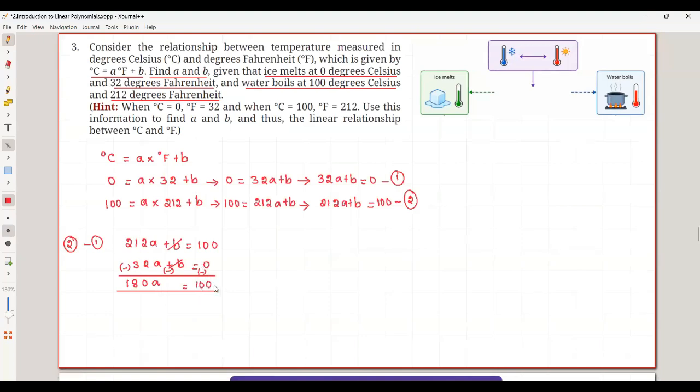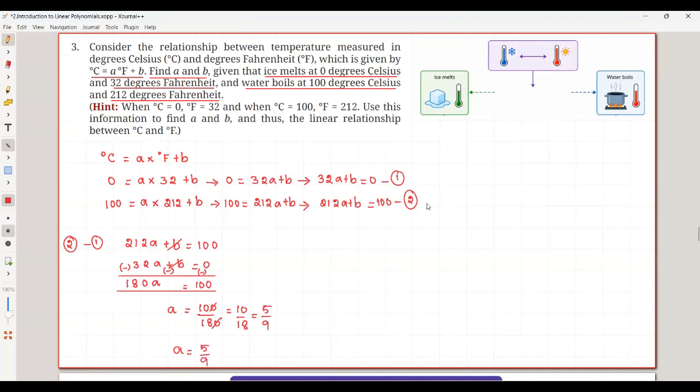So 180A is equal to 100. That means A is equal to 100 divided by 180. I can cancel the 0s. I am getting 10 by 18. Again, I can simplify with the 2 table: 5 2s are 10, 9 2s are 18. 5 by 9. So A is equal to 5 by 9.